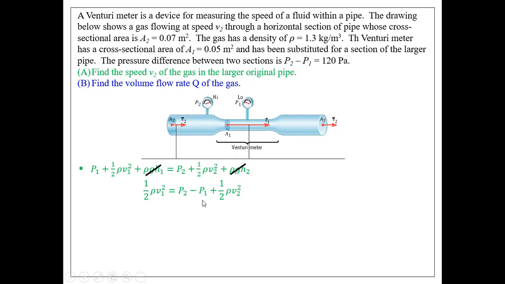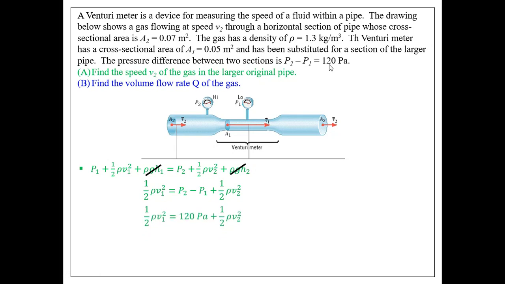I'm moving it because the problem gives us P2 minus P1, which is 120 Pascal. So by moving P1 to the right side, P2 minus P1 plus 1/2 rho V2 squared remains. Moving P1 to the right side, I have P1 minus P2, which is essentially given to us as 120 Pascal. These are little tricks you just have to pick up as you practice these types of problems.